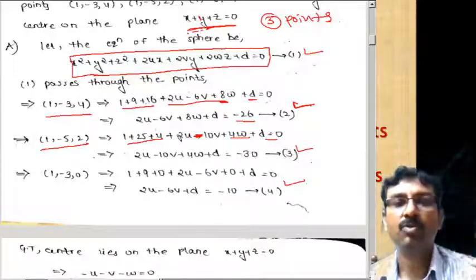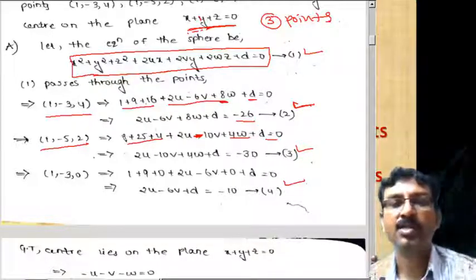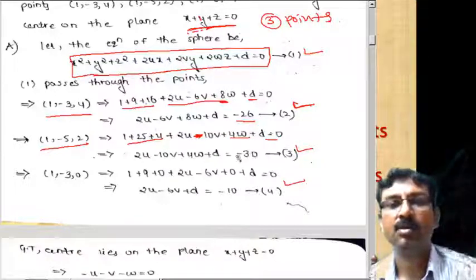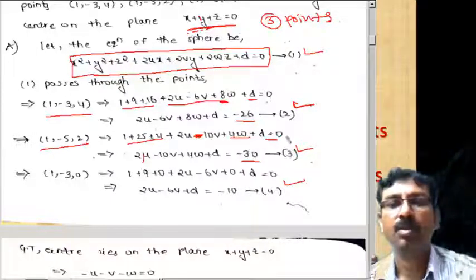So 2u minus 10v plus 4w plus d, and the constants are 26 plus 4 is 30, shifting to the right side it became minus 30. This is the third equation.